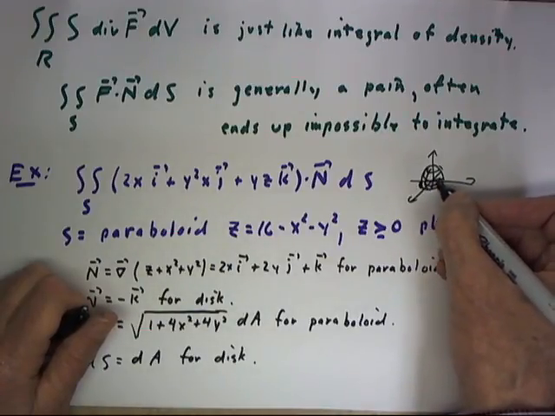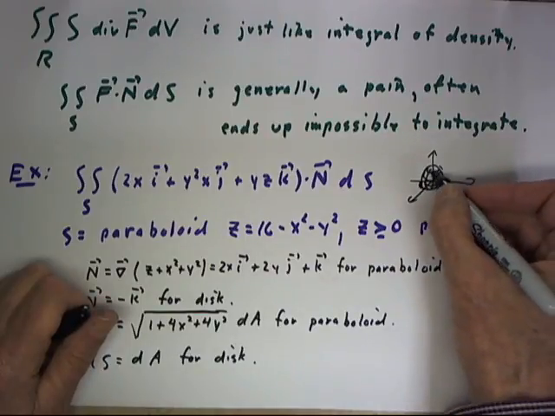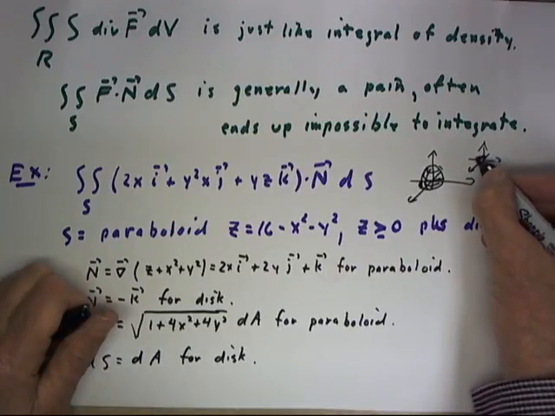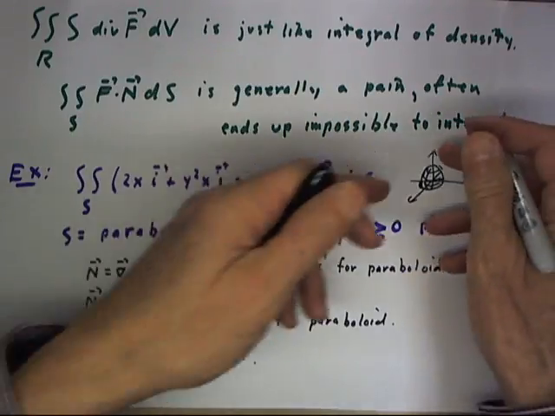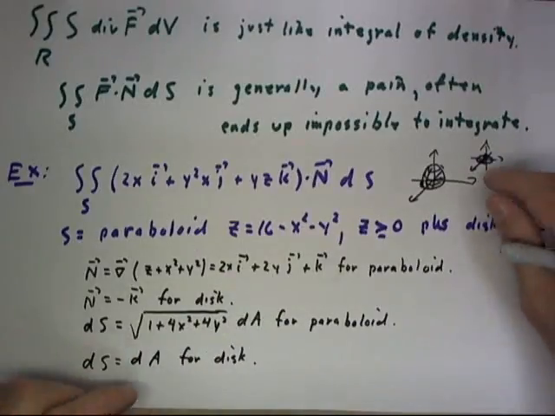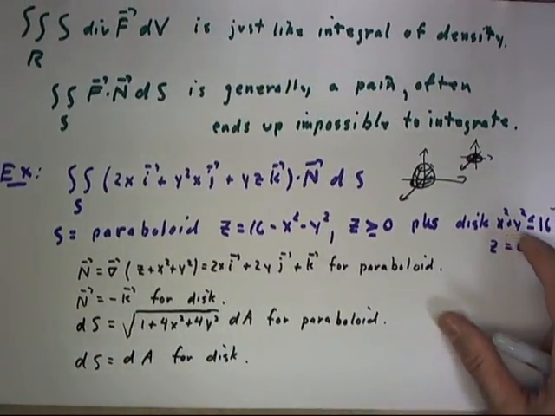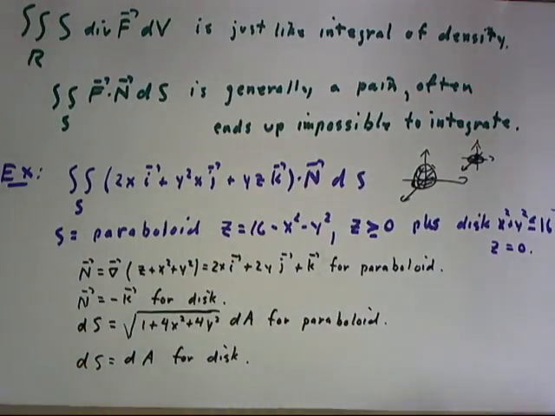The circle x squared plus y squared equals 16 is down in the xy plane, and we've got to include both the paraboloid and that disk, which is kind of hidden by the paraboloid, the disk in the xy plane that closes the figure. The paraboloid itself is open when you get down there. We've got to close it, we've got to put the cap on it, and that's the disk x squared plus y squared less than or equal to 16. Okay?